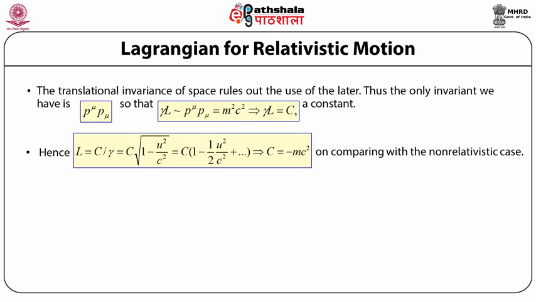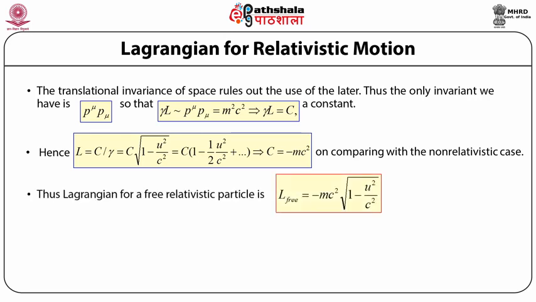On comparing with the Lagrangian half m u square for the non-relativistic case, we have C equal to minus m c square. The first term of the series is constant, and an arbitrary constant can always be added to the Lagrangian without changing anything. And therefore, L free is equal to minus m c square times the square root of 1 minus u square by c square.